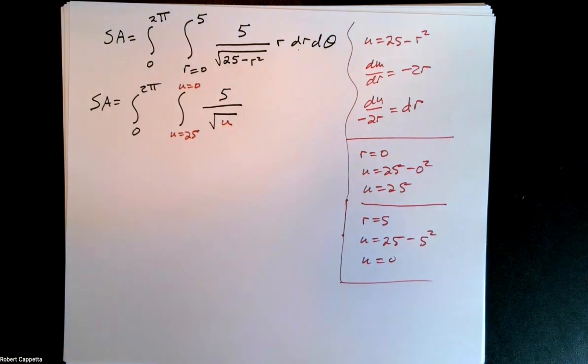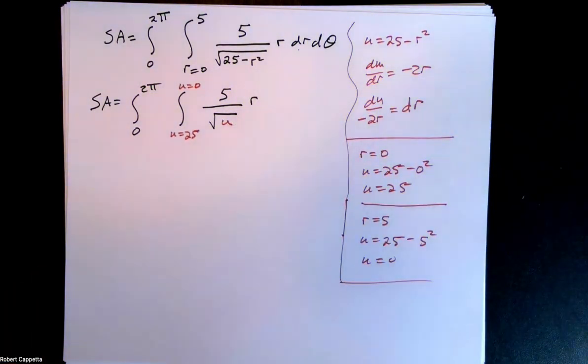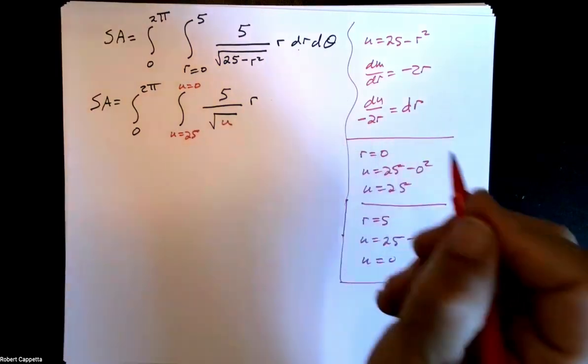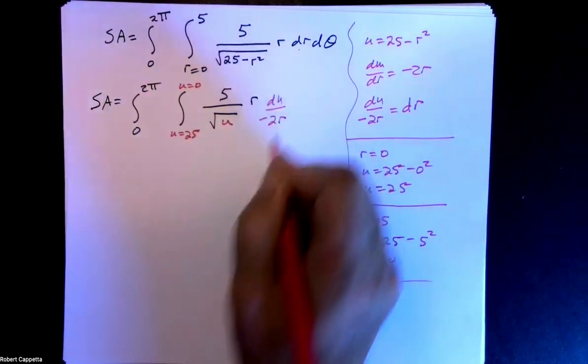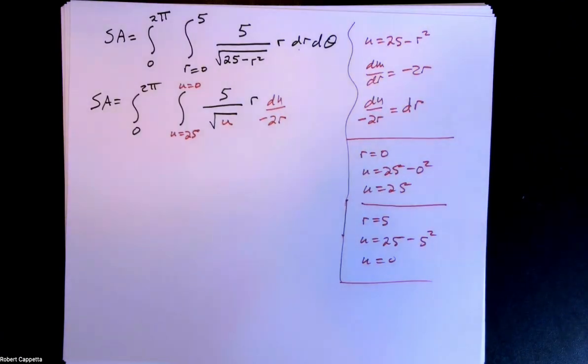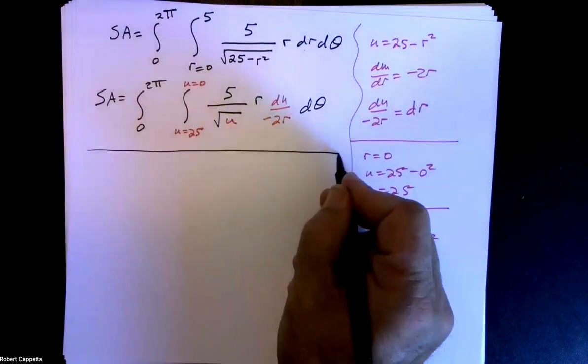And then I have r dr. So fine, we're going to leave r alone. But dr is du divided by negative 2r. And then we're going to end this thing with a d theta.